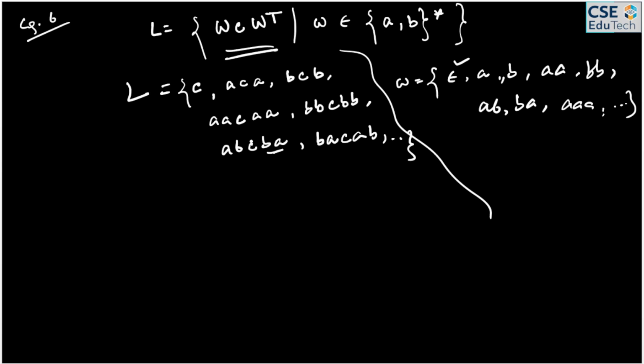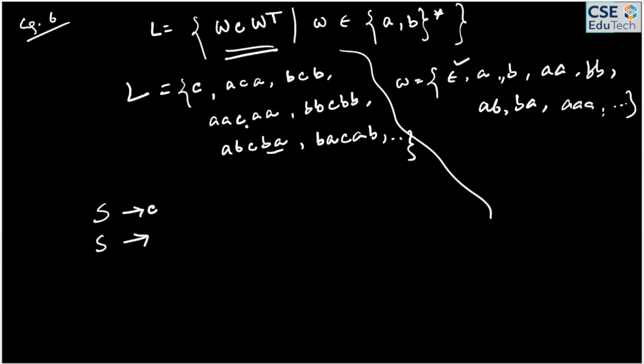Now we have to generate a grammar that will generate all these strings. So what is the smallest string that is generated? Obviously small c. c is also a terminal here. Now what will be the production rule? S obviously generates c, the smallest string. Or S can be written in that way.